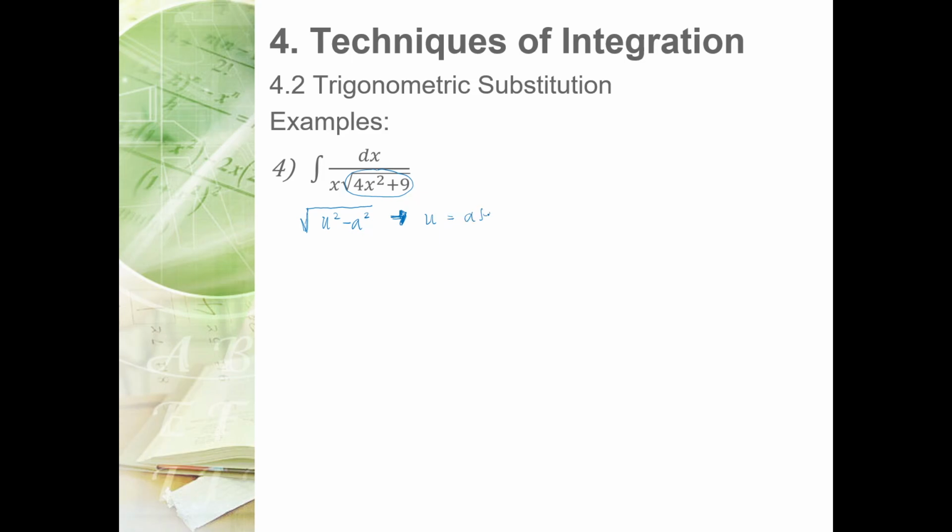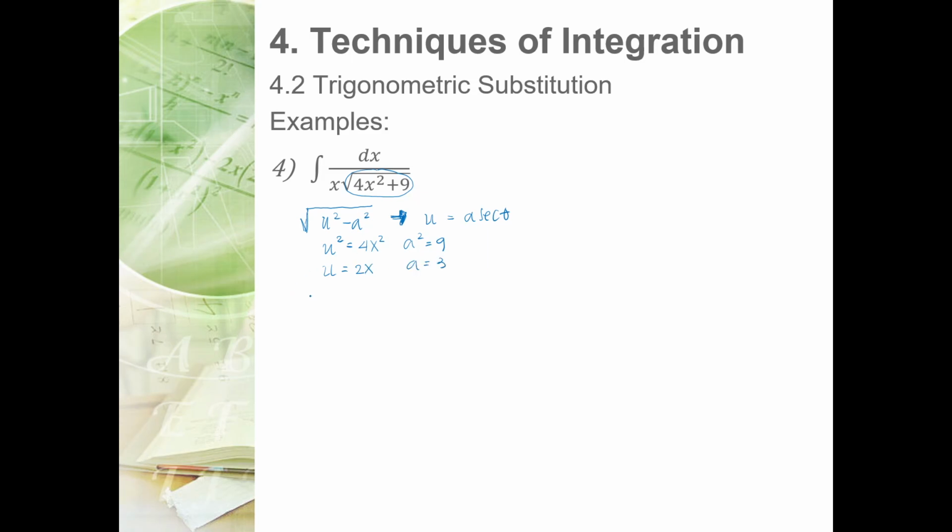A secant theta. So u squared is 4x squared, a squared is 9. u is equal to 2x, and a is equal to 3.